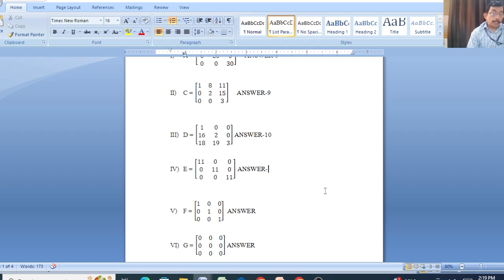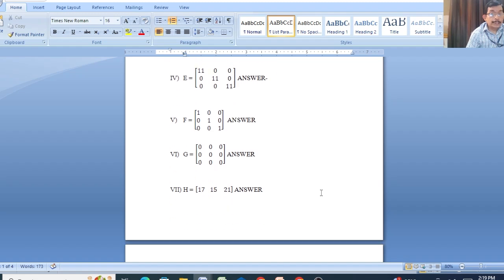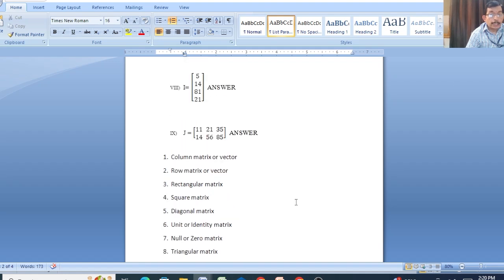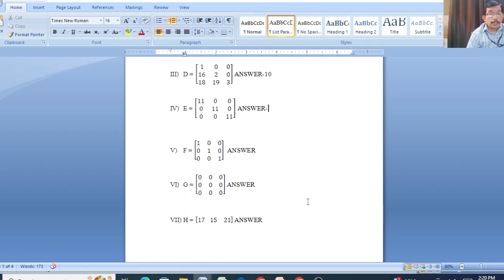The non-diagonal elements are 0 and the diagonal elements are given, and since the diagonal elements are also equal, it is a scalar matrix. The diagonal is 5 and scalar is 11. So the answer is 5 and 11.